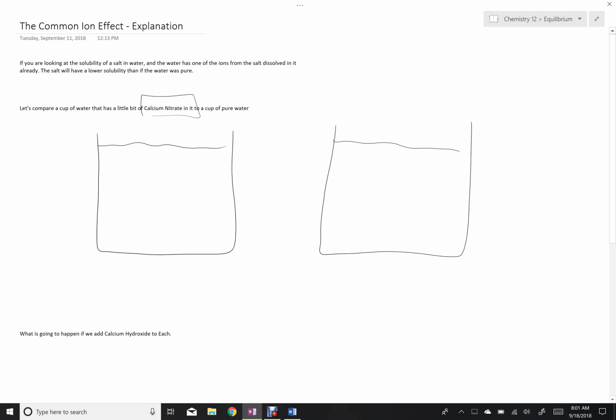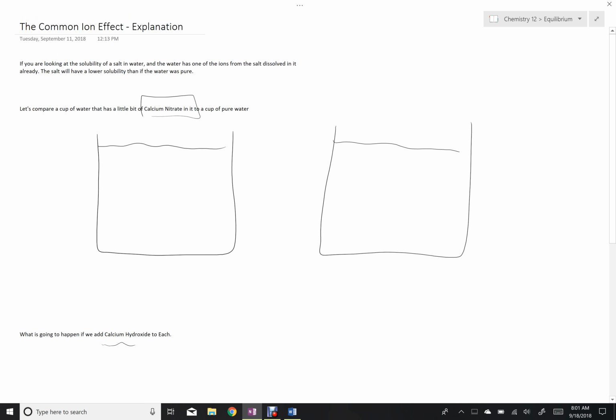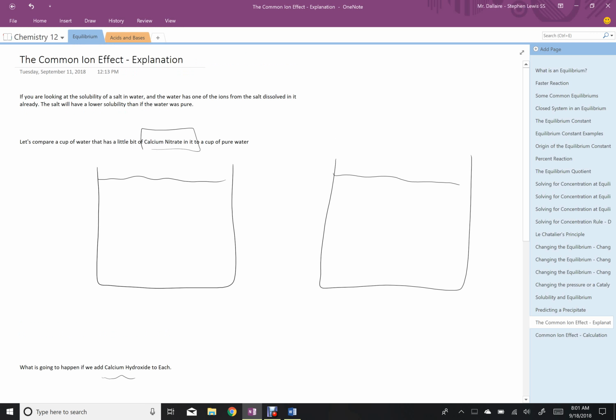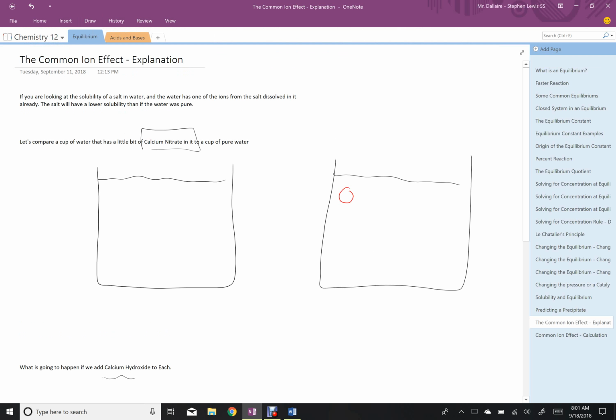And what we're going to look at is we're going to compare dissolving some calcium hydroxide. Calcium hydroxide has a limited solubility, so not that much of it will dissolve. So in this one that already has calcium nitrate in it, and I'm going to use colors for this to keep these things straight, my calcium I'll make red. There's already some positive ions floating around in this solution.